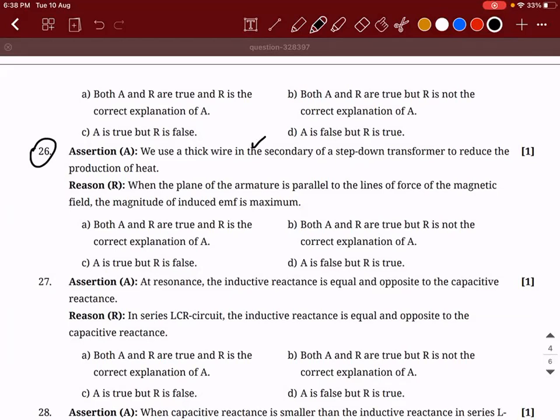When the plane of the armature is parallel to the lines of force of the magnetic field, the magnitude of the induced EMF is maximum. That is also true. So both are true. Magnetic flux also increases. Yes, but that is not the right reason. The reason is not the right explanation for the assertion.